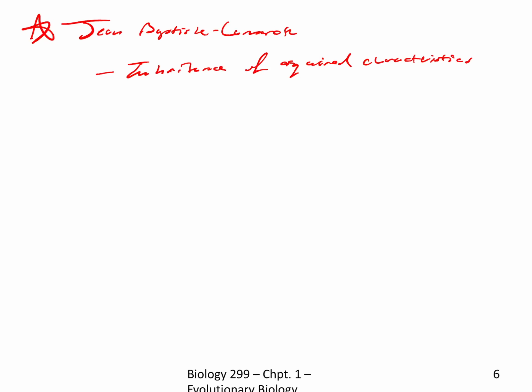So Lamarck said that you have a population of giraffes, and one of the main things they're trying to deal with every day is getting food, and they eat the leaves off of acacia trees in Africa, for example. And so an individual giraffe, any given day, is constantly straining, reaching up, trying to stretch its neck to reach higher and higher limbs of the acacia tree to get more food, to get more leaves.